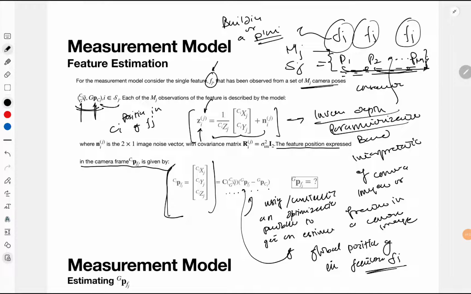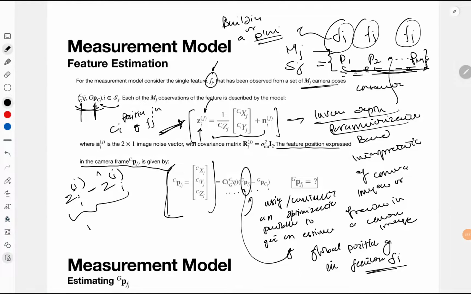So what they're essentially going to try to do is that they have a measurement of the position of the feature, which is z j I, the measurement of the feature in frame I. If they're able to estimate the global position, then they can use it to figure out a predicted version of the position of this feature in this camera frame.